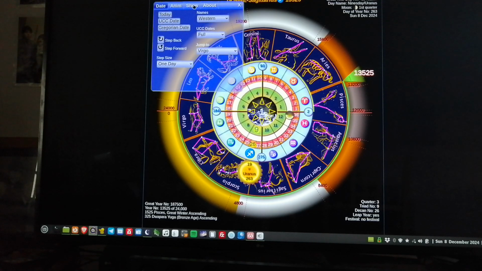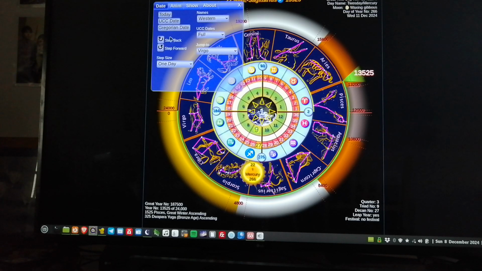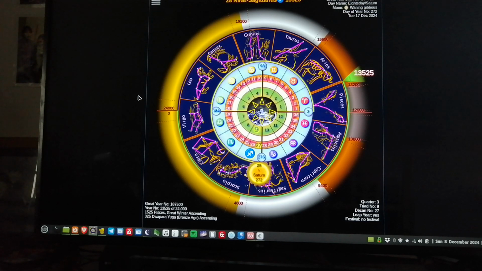You can turn things on and off. You can animate it. I've got a 1 day step set, so it'll animate and cycle through 1 day at a time. This yellow line shows you the year so far, where we are in the year cycle.